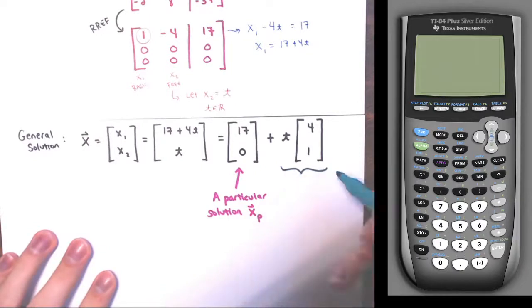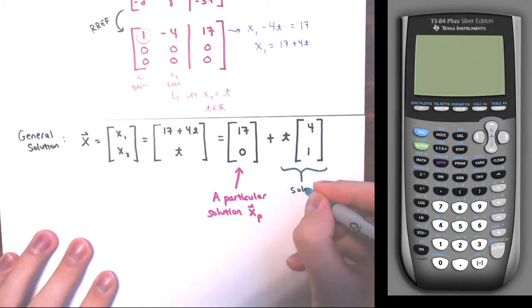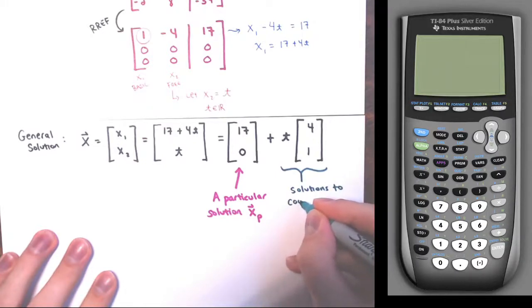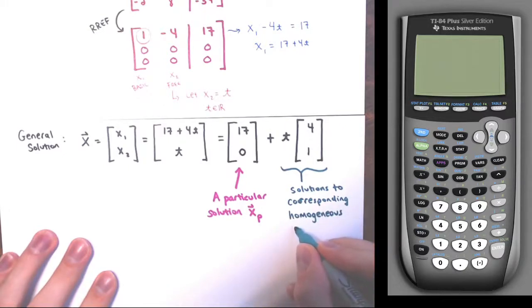This t times 4, 1 represented solutions to the corresponding homogeneous system, A times x equals the 0 vector.